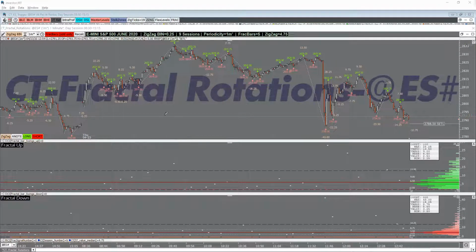So if the market's rotating according to this, whatever the pattern is that it's doing, here's a balancing market.